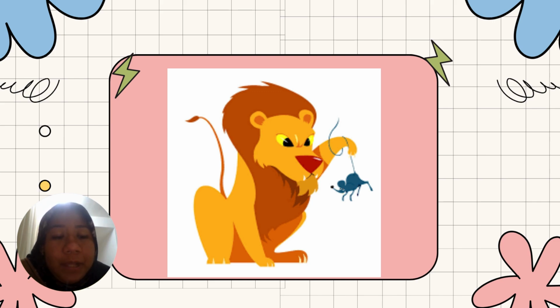The mouse is typically seen as weak because of what? Because of the size. The size is small compared to the lion. So the story shows that even the smallest creatures can have significant impact.